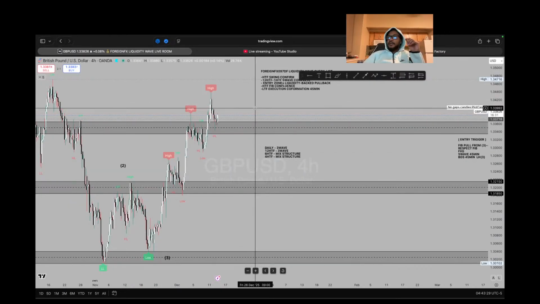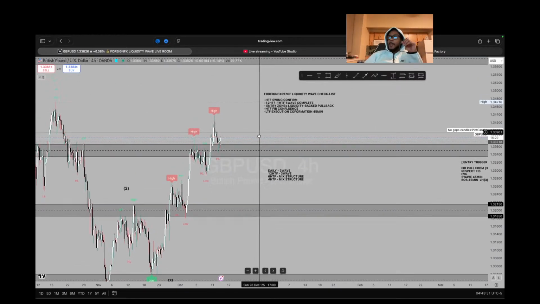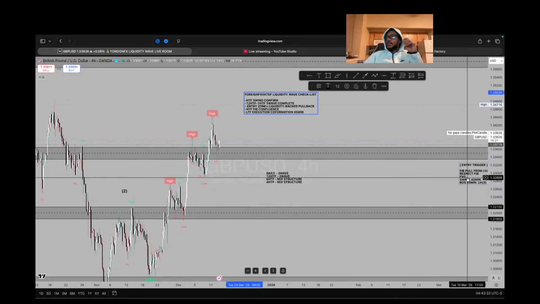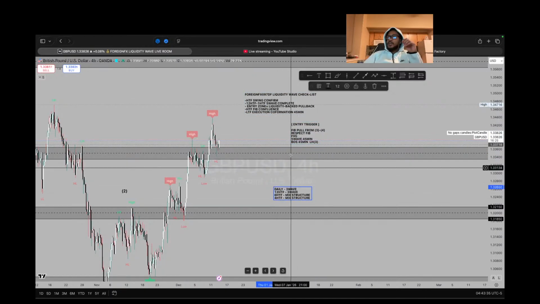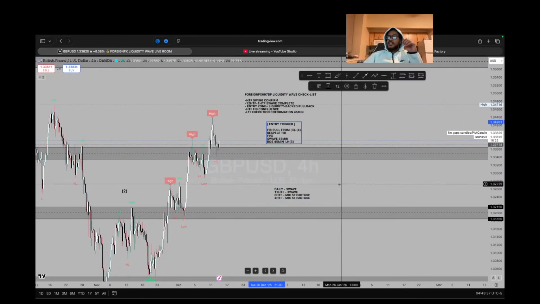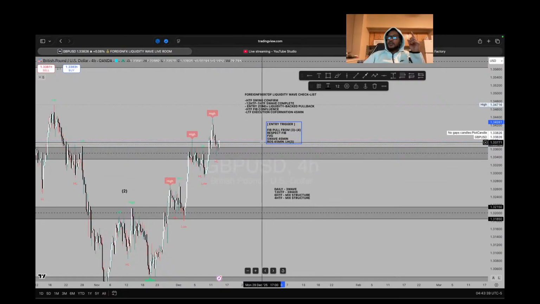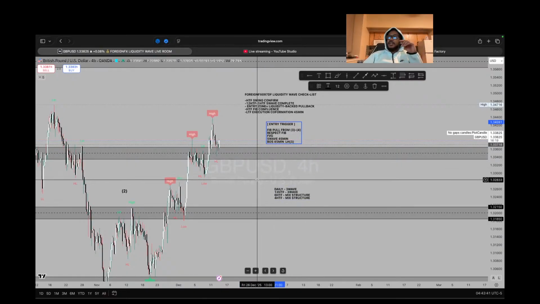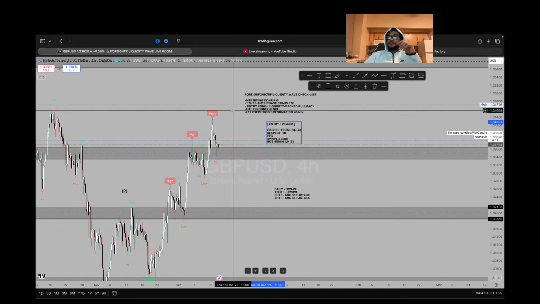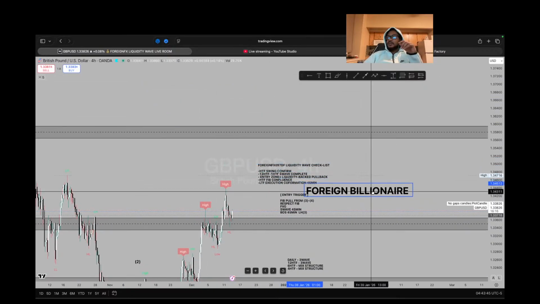The second pair is GBP USD. Let's bring notes. The notes still remain the same, the only difference is the wave.